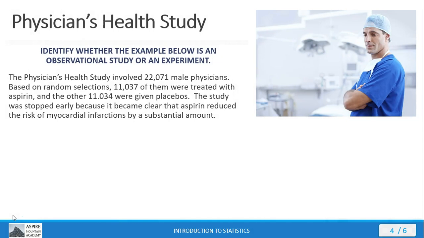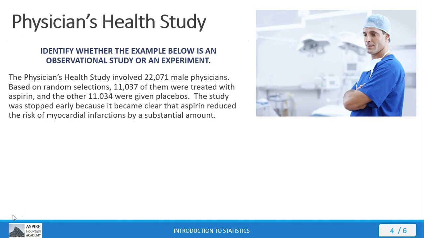Okay, let's participate now in an activity that will bring what we've learned in the last few mini lectures together. I give you an example and you tell me whether we have an observational study or an experiment. Then use your knowledge of sampling methods to tell me what's wrong with the observational study or experiment. Okay, here we go. The Physicians' Health Study involved 22,071 male physicians.